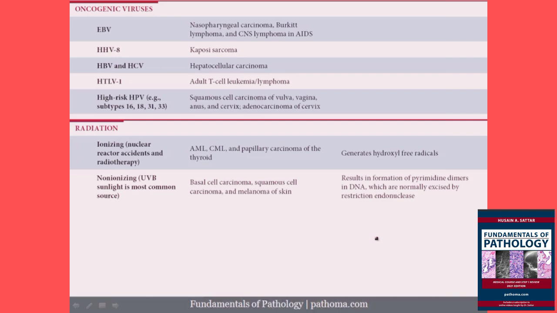So these are the two patients that are particularly prone to EBV-related nasopharyngeal carcinoma. Again, a Chinese male and an individual who is in the region of Africa. Those are individuals who may develop nasopharyngeal carcinoma.